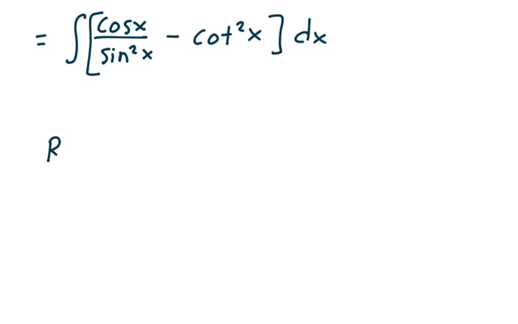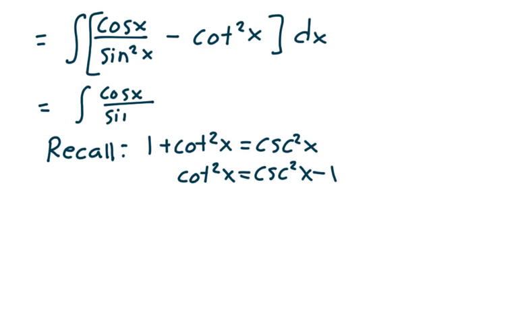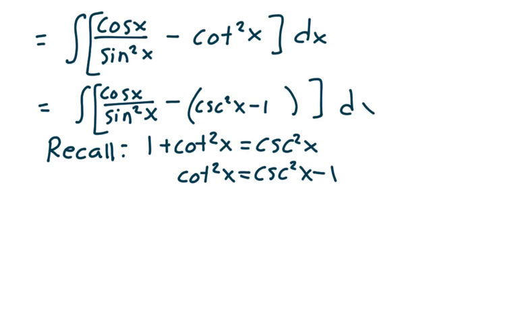Now, recall, one plus cotangent squared x is cosecant squared x. So cotangent squared x is cosecant squared x minus 1. And so this is the integral of cosine x divided by sine squared x. And then I'm going to subtract, in parentheses, cosecant squared x minus 1. And this is dx.